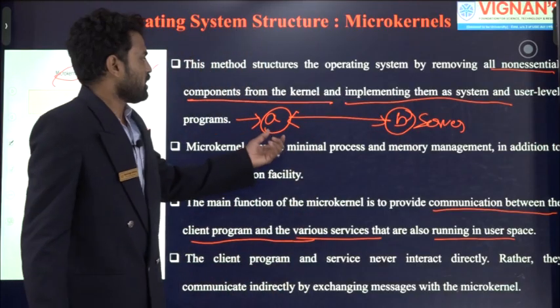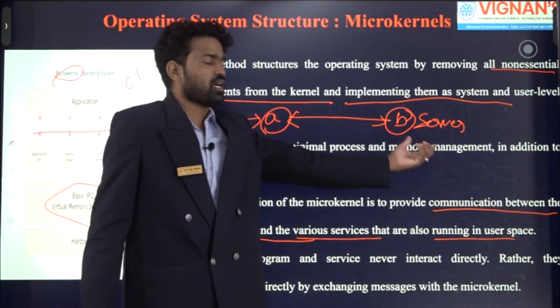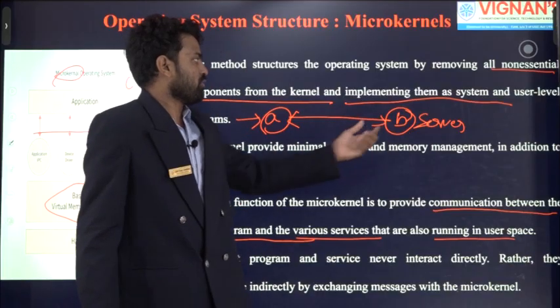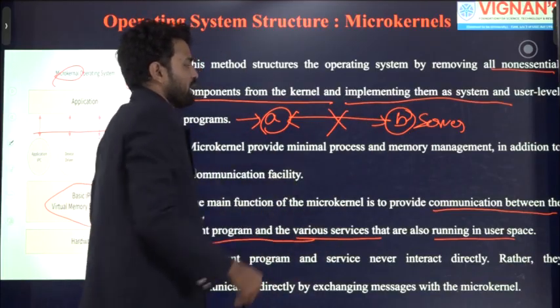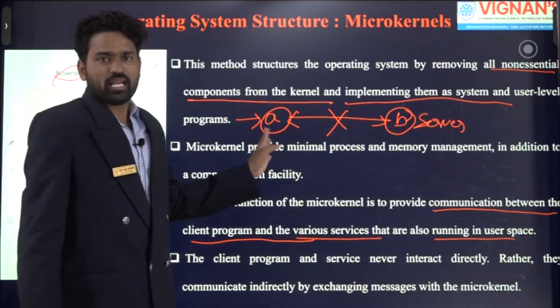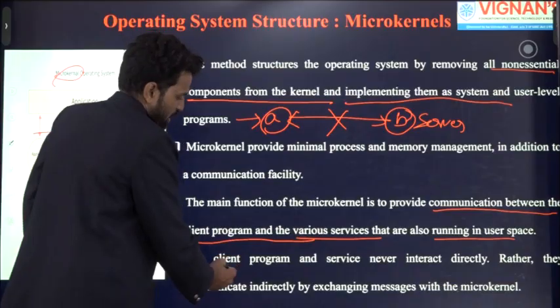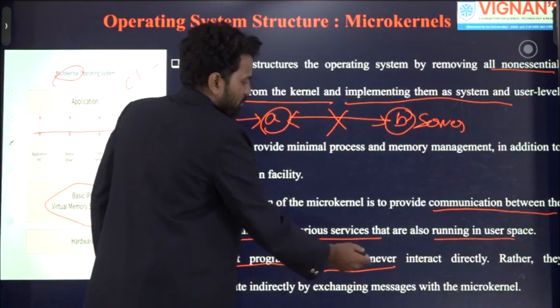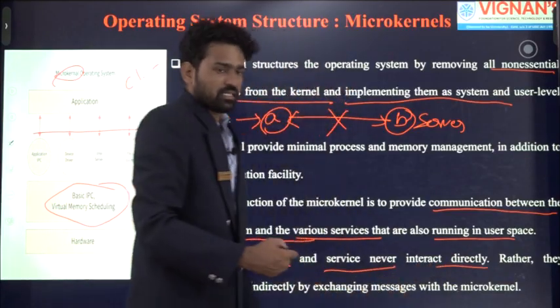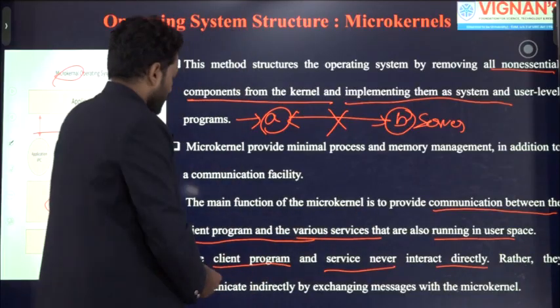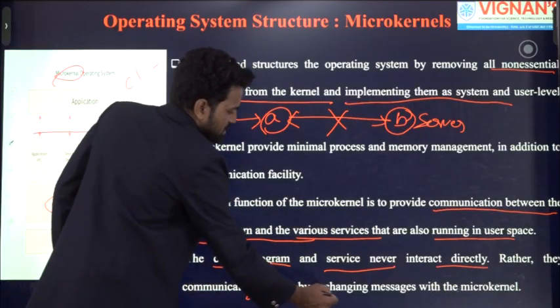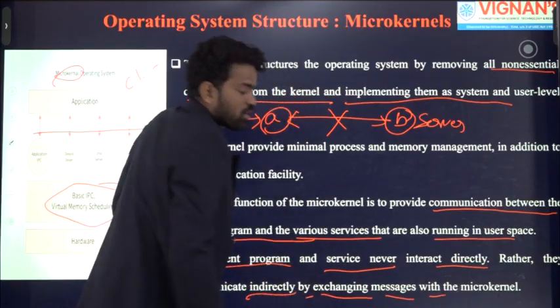There is no chance that the client is directly accessing or communicating with the server. There is no possibility of direct access. Indirectly they will access through the microkernel. So this is the point: the client program and the service never interact directly; rather they communicate indirectly by exchanging messages within the microkernel.